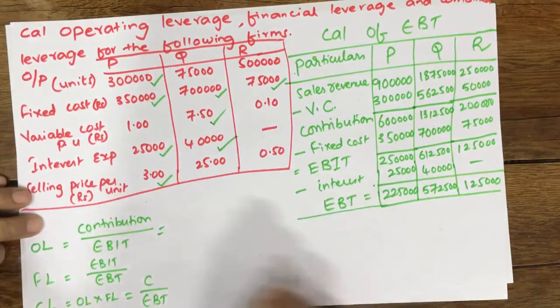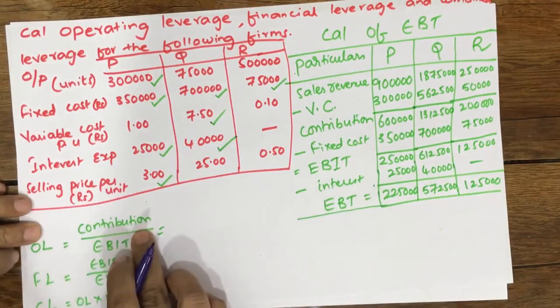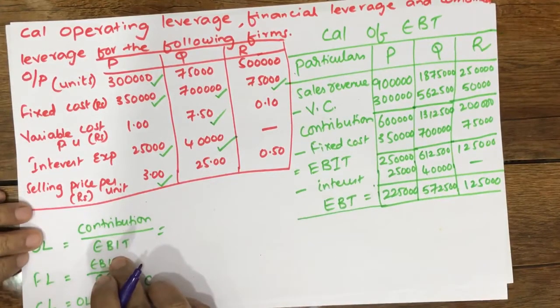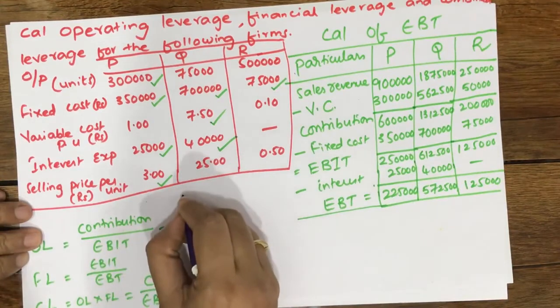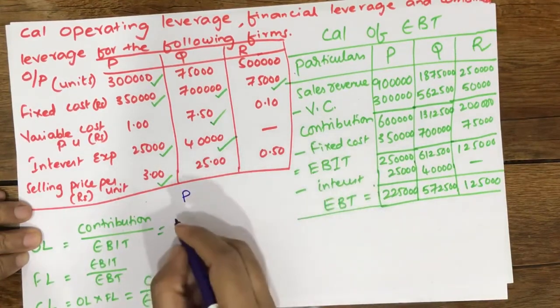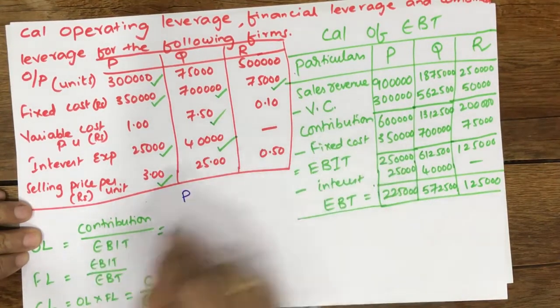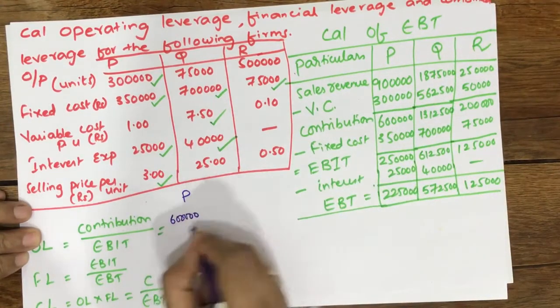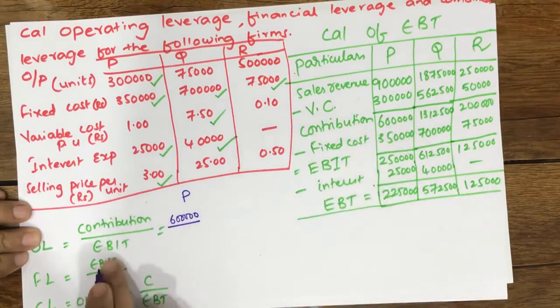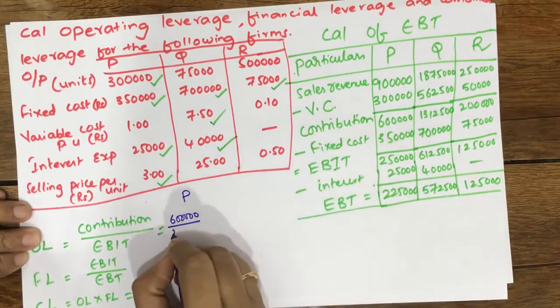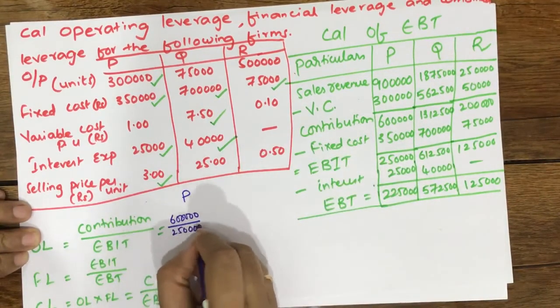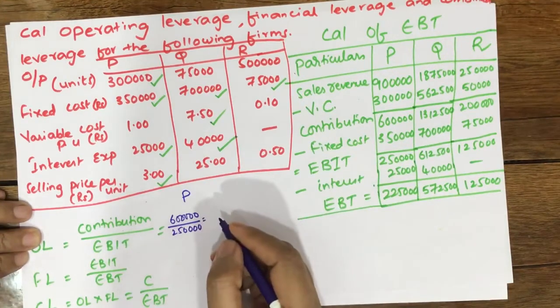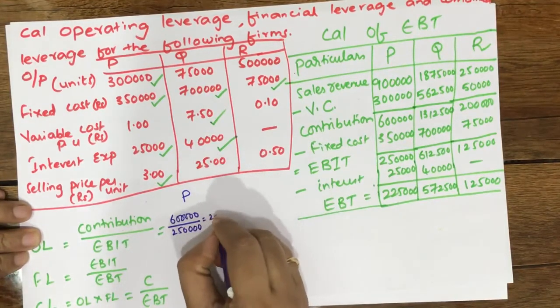Now, operating leverage, as I said, has the formula contribution by EBIT. In case of firm P, contribution is 6 lakhs divided by EBIT of 2.5 lakhs, which is equal to 2.4.